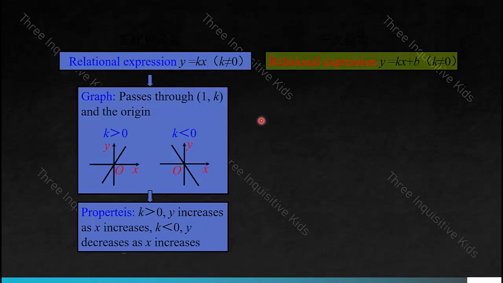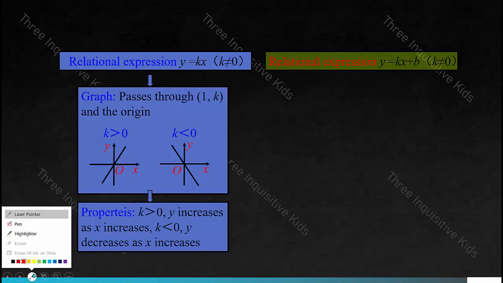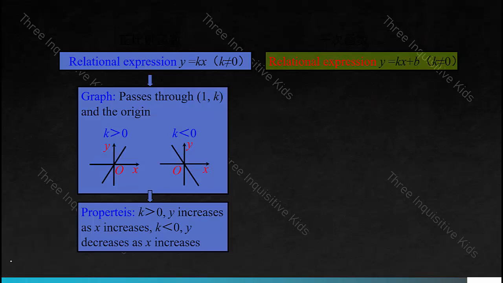And now we're looking at the relational expression y = kx + b. Let me write this so you'll understand it better. This is proportional functions, but today we'll be learning about linear functions.